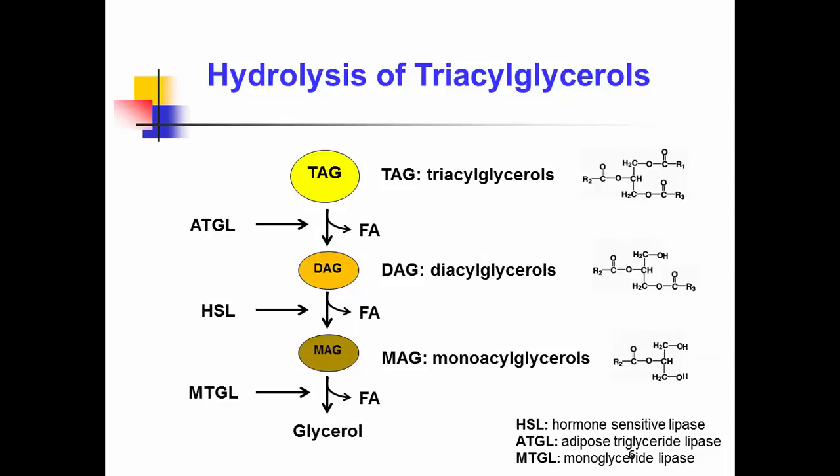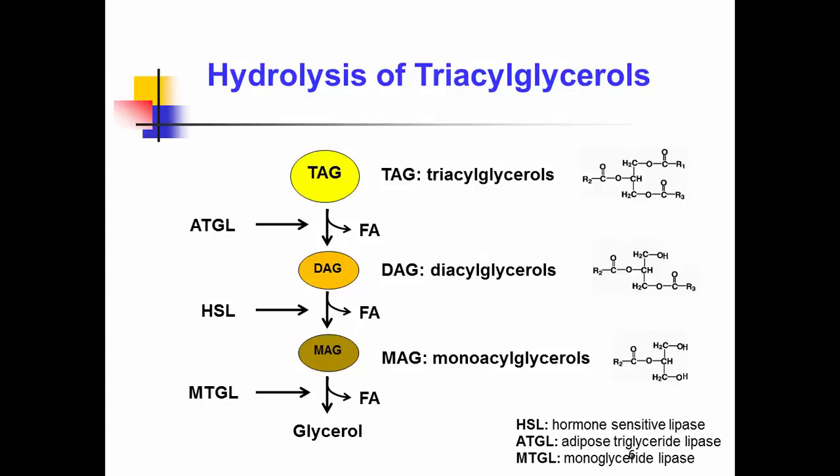Is the HSL the most important? If we were going to describe the sequence of utilization, we go through the ATGL first, since it acts on the triglyceride, but the other diagram only mentions HSL. Well, HSL is more regulated by hormones during the fasting condition.